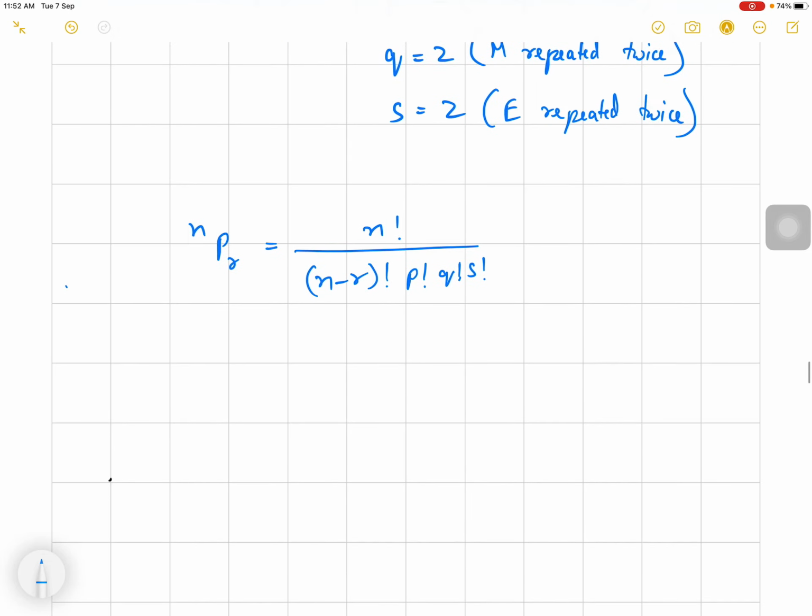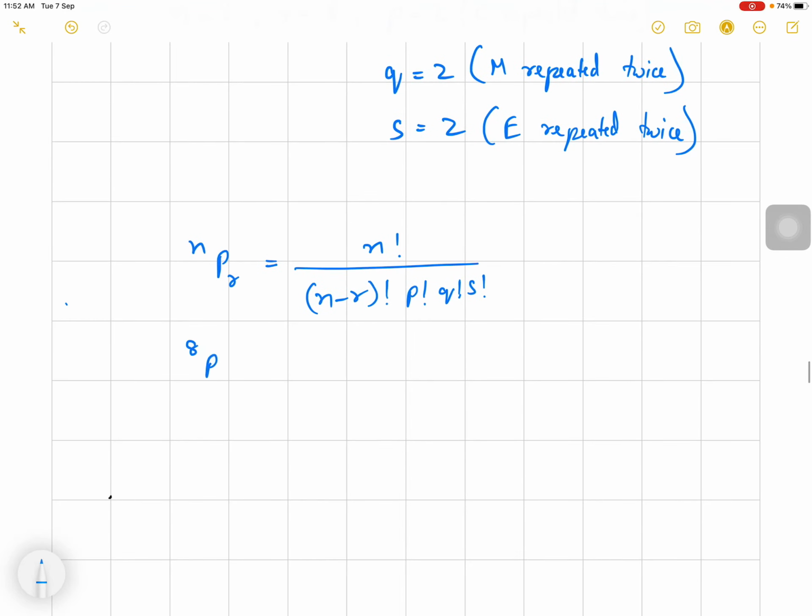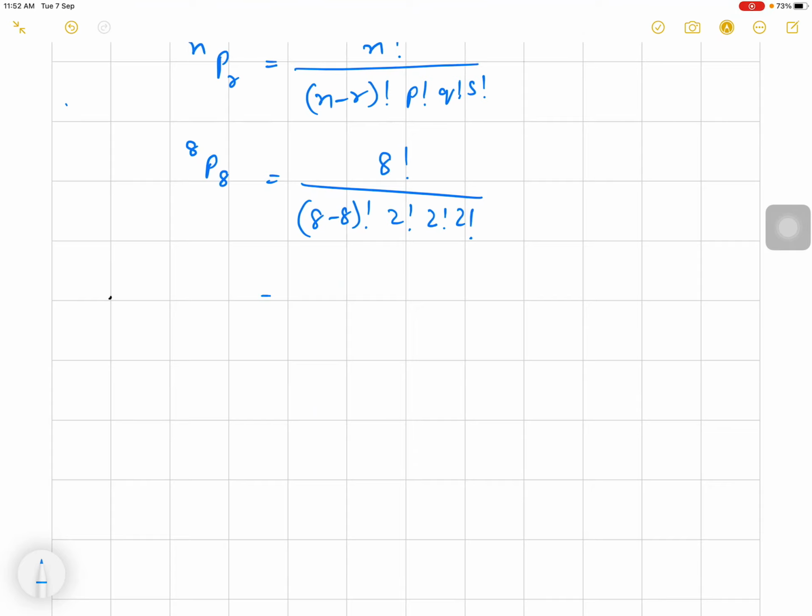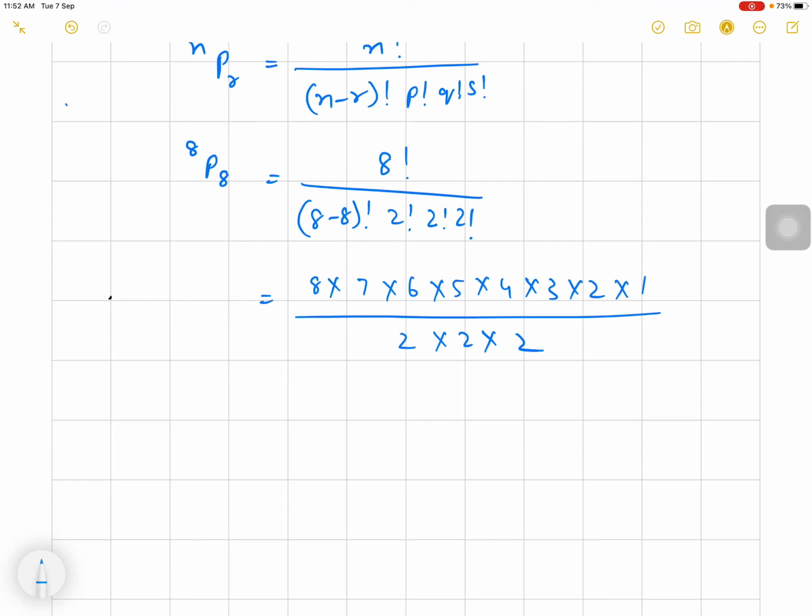So 8P8 is equal to 8 factorial divided by 8 minus 8 factorial, 2 factorial, 2 factorial, 2 factorial. 8 minus 8 factorial is 0 factorial, which is 1. 8 factorial can be written as 8 into 7 into 6 into 5 into 4 into 3 into 2 into 1, and 2 factorial three times is 2 into 2 into 2, which is 8. So what is remaining? 7 into 6 into 5 into 4 into 3 into 2. Let's calculate.